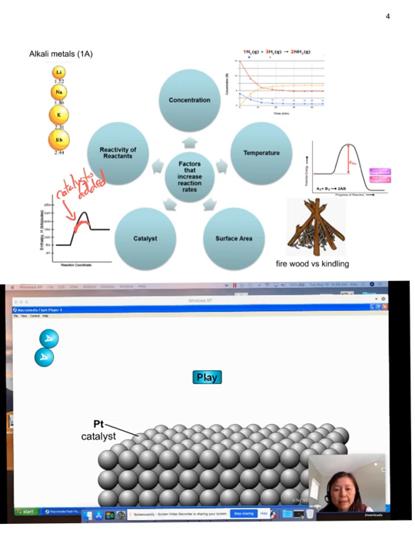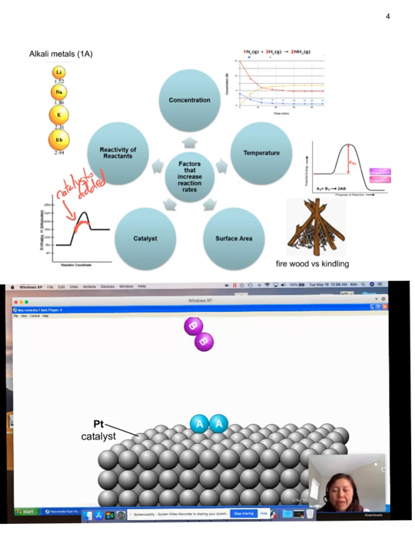So I'm going to play this out, and you're going to notice exactly what I just mentioned, how the reacting particles A squared and B squared are going to be attracted to this platinum catalyst, and that's what's going to lower the activation energy. So A squared is drawn to platinum.